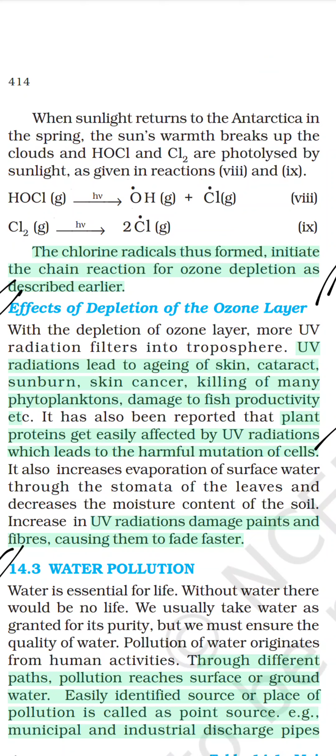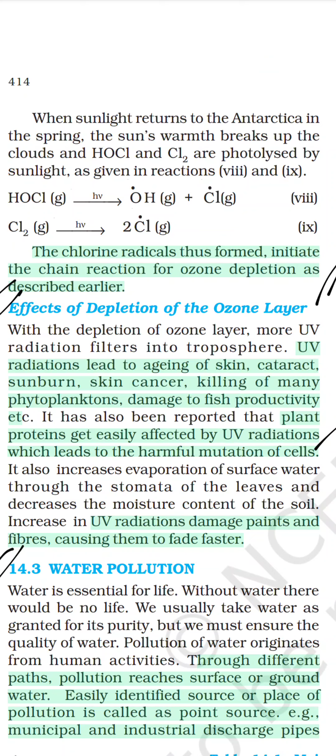It also increases evaporation of surface water through the stomata of the leaves and decreases the moisture content of the soil. Increase in UV radiations damages plants and fibers, causing them to fade faster.